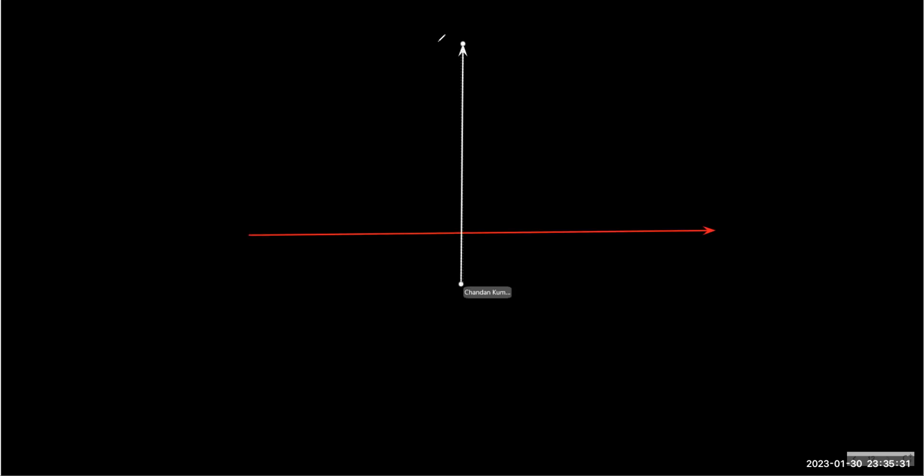So the first graph is saturation current versus potential applied.